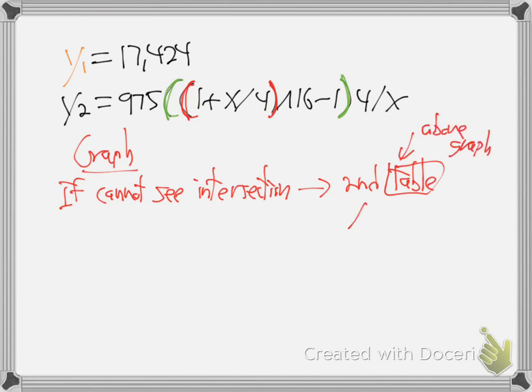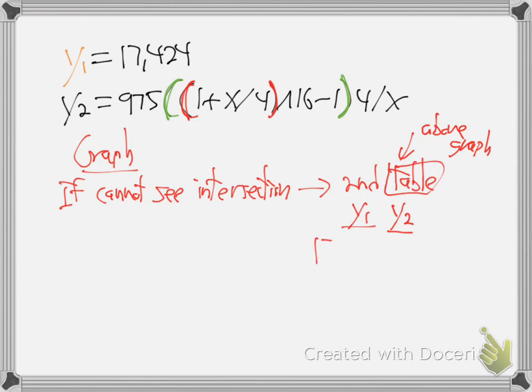Hit second table, and it'll show you the xy table that the calculator's making. It'll say, here's the values, and then you go, oh, look at that, y1 is up at 17,000. If my y max is not above that, I'm not going to see anything of that equation. Do you see the deal? It's telling you where the graph is.